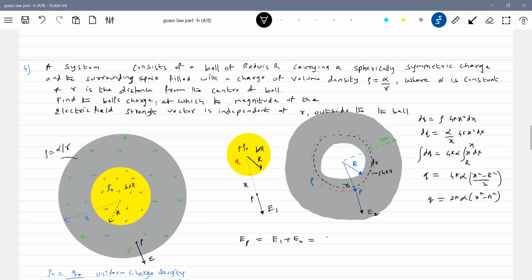E1 should be equal to Q naught by 4 pi epsilon naught x square, plus this should be equal to Q by 4 pi epsilon naught x square. Okay, let's substitute all the values. So Q naught by 4 pi epsilon naught x square. Now what is the Q value? So 2 pi alpha x square minus r square.